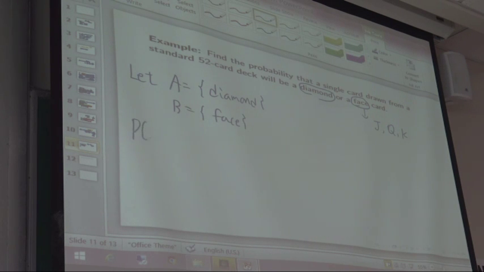Then the probability of A or B, since there is overlap, is the probability of A plus the probability of B minus the probability of A and B. Sometimes instead of or, I use this symbol, and instead of and, I use this symbol. So you may have to know that.